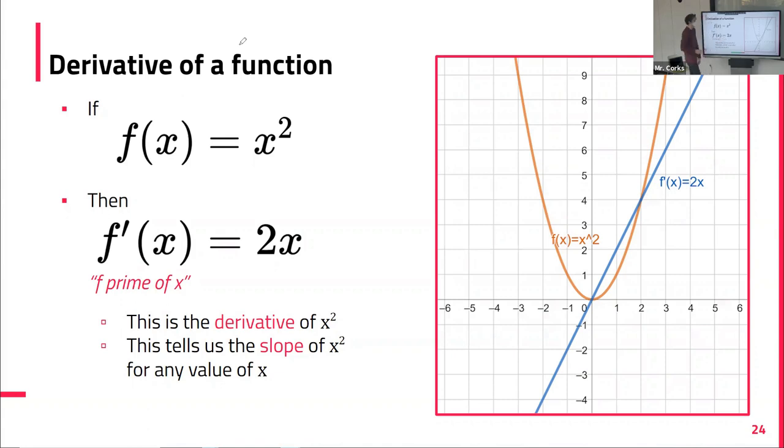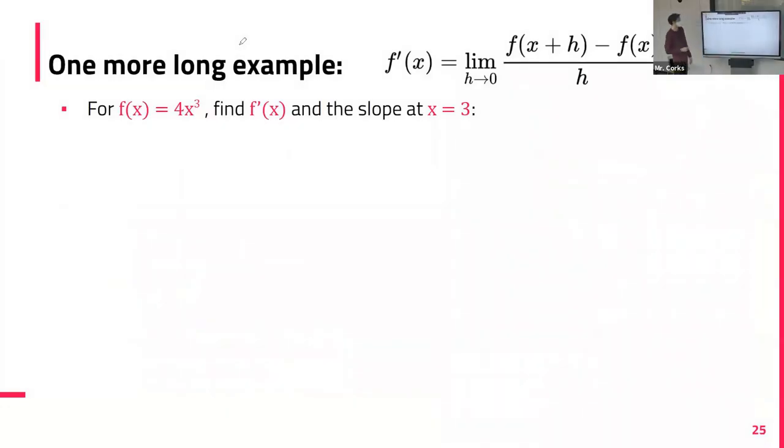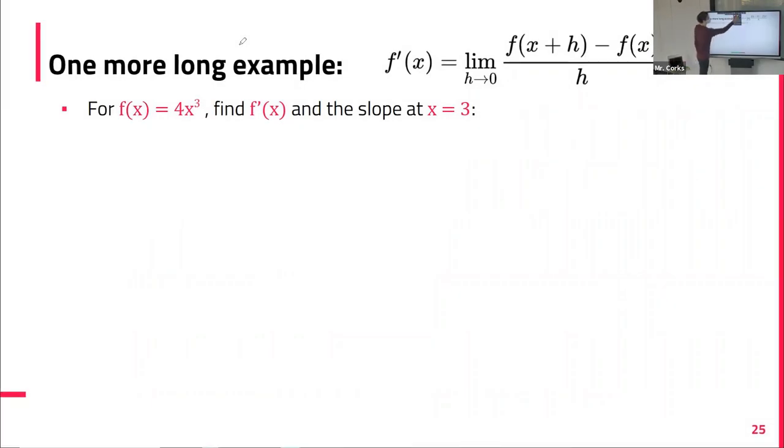Okay. I have one more long version of this that we are going to do with this function here. So what we did for the previous examples, we had to have that whole definition of the derivative, and we did that big long thing just to find the derivative for one function.